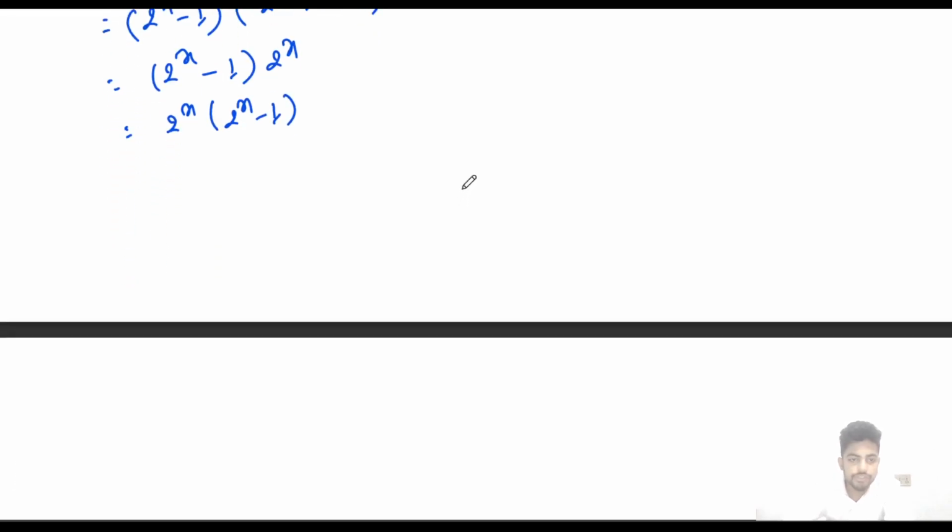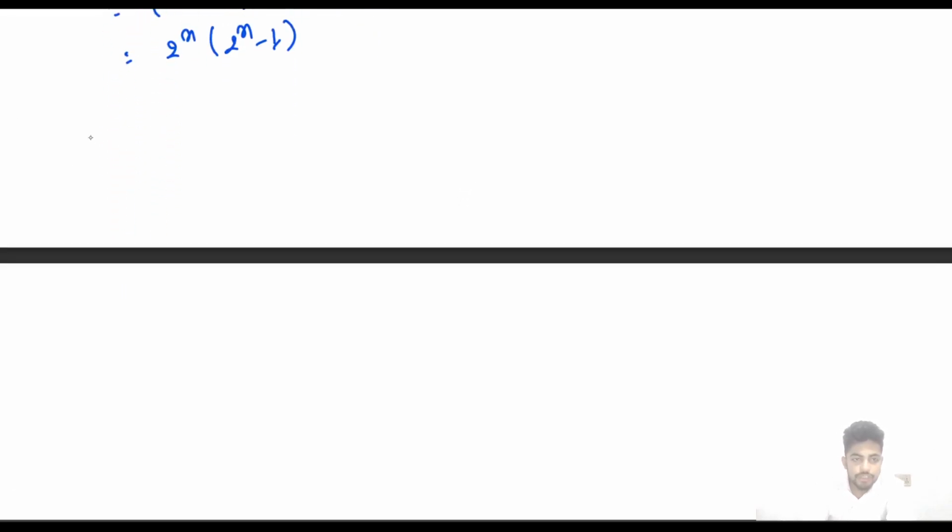According to the question, we are given g of f(x) equal to 0, and we need to show it has no solution. So g of f(x), which is (2^x minus 1) times 2^x, is equal to 0.